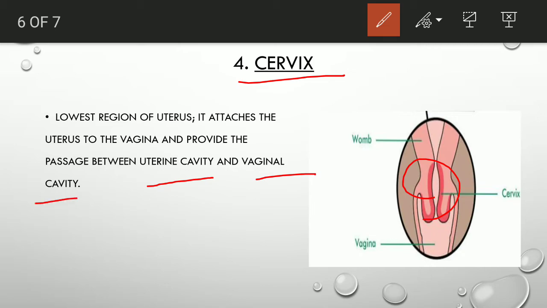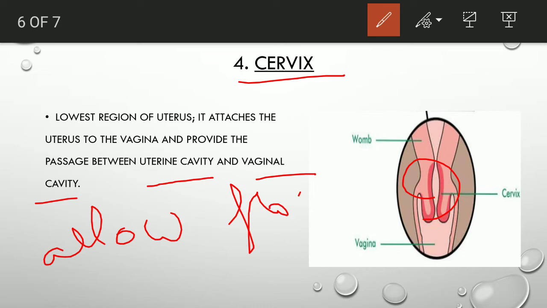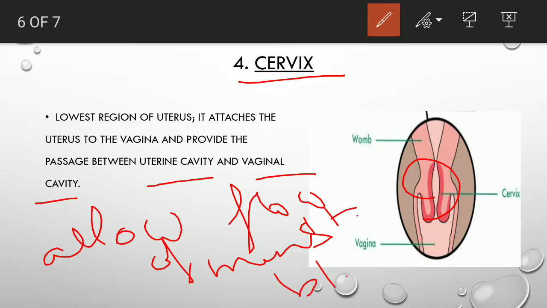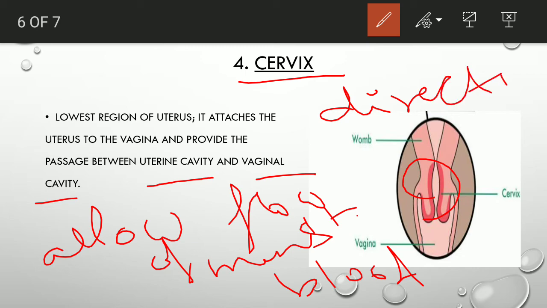The function of the cervix is to allow flow of menstrual blood from the uterus to the vagina and directs the sperm into the uterus during intercourse.